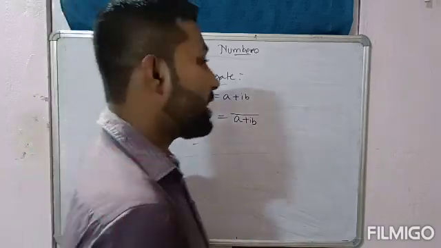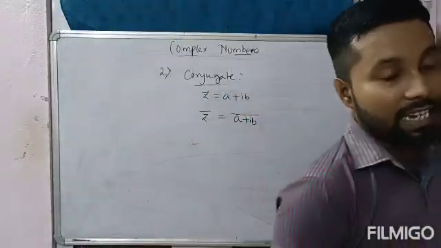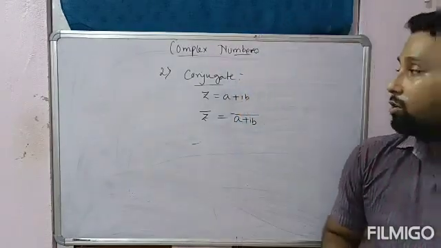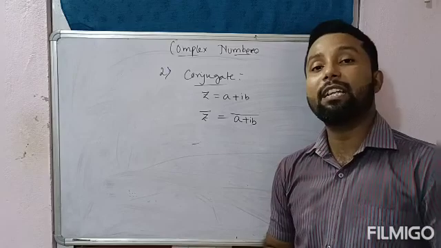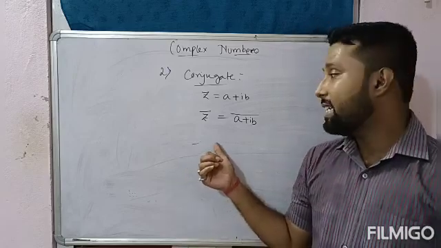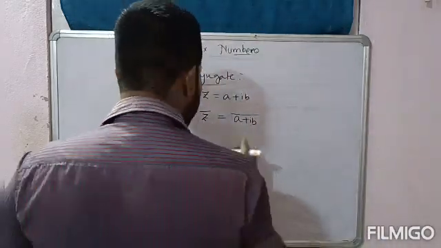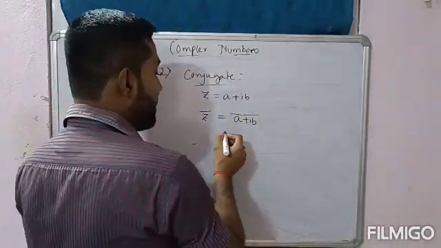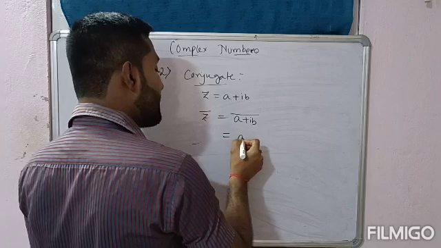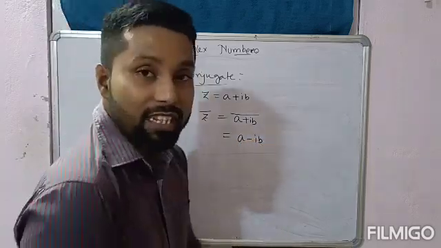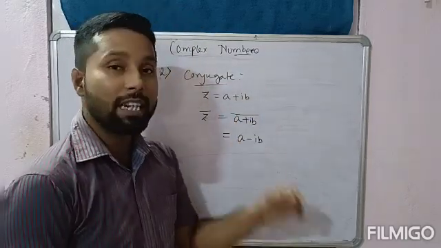Yes, conjugate of a complex number means if Z equal to a plus ib is a complex number, then the conjugate of Z, which is denoted by Z bar, is equal to a plus ib whole bar. Since I have given one bar, a plus ib whole bar is equal to a minus ib. You just need to change the sign of the imaginary part.